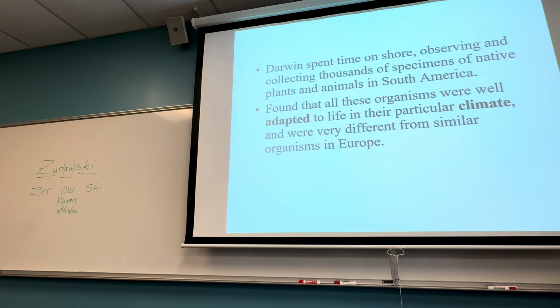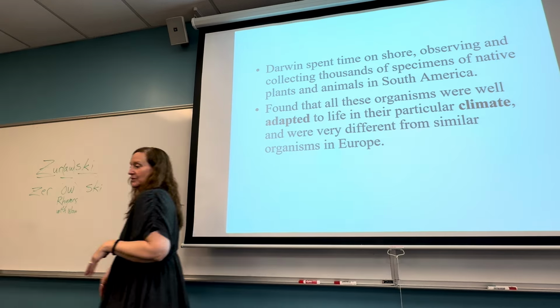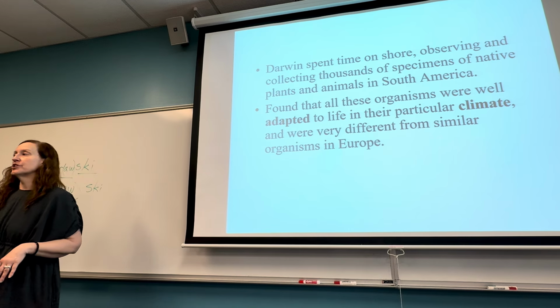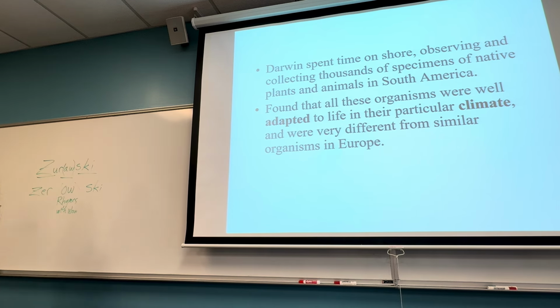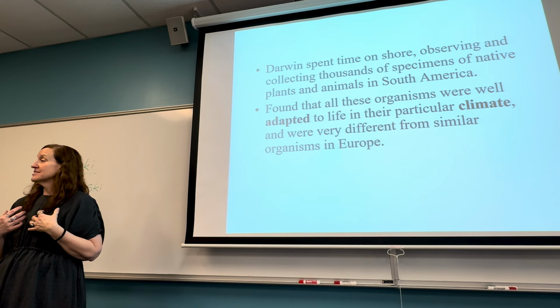For example, in Europe, there were hares, which were kind of big bunny rabbits, and in England it was a little bit chillier all year long. It was rainy and gray, and so the hares, these big rabbits, had really thick fur coats to stay warm.